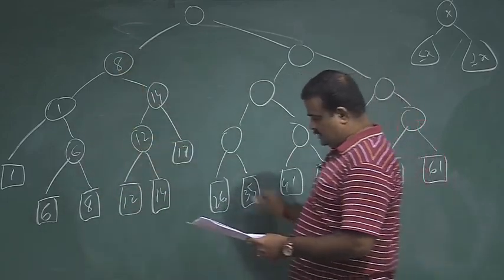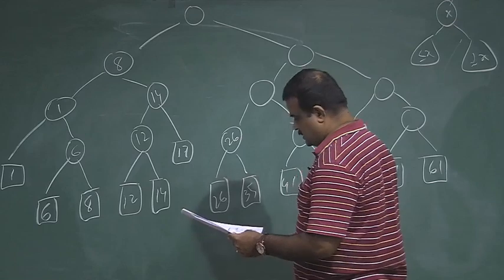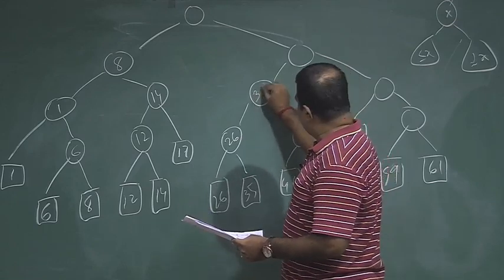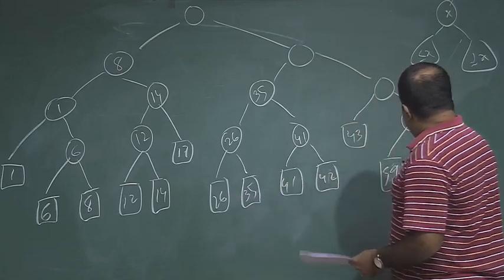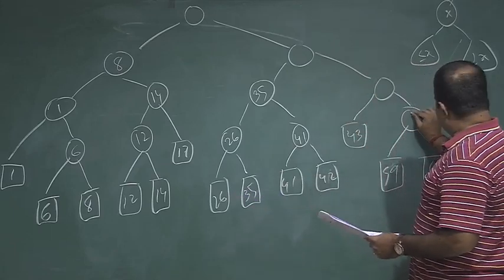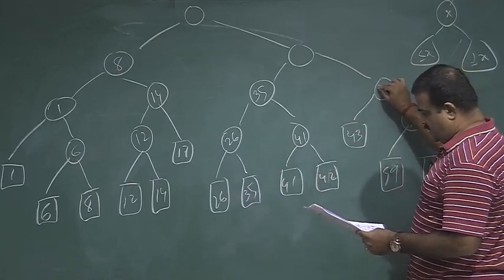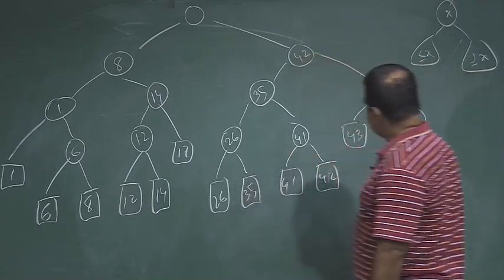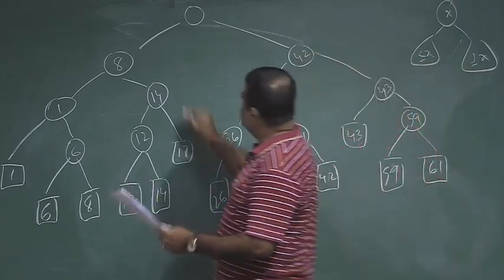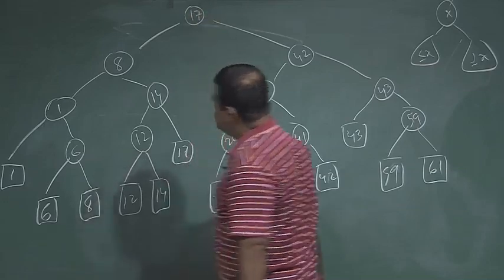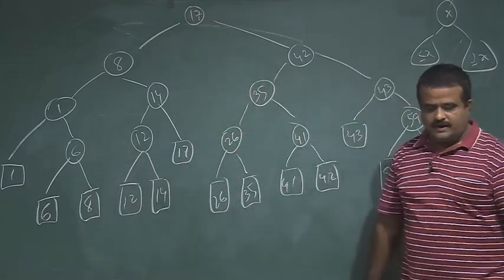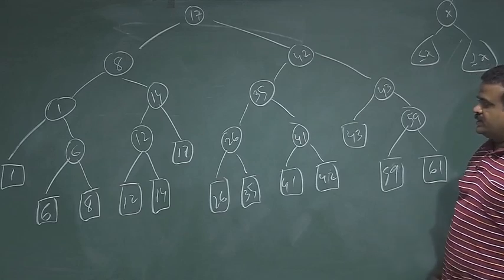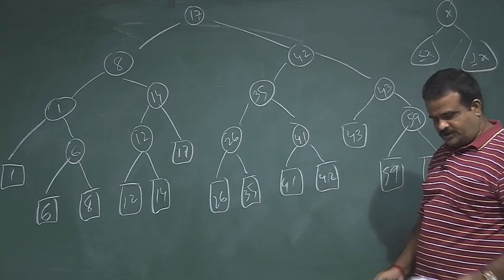Like this we fill in 26, 41, then 35, then 59, 43, then 42, and this is 17. This is called a 1D range tree. It is basically a BST, and we can make it a balanced binary search tree.